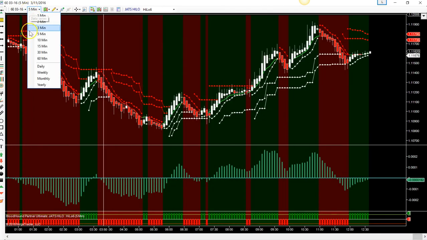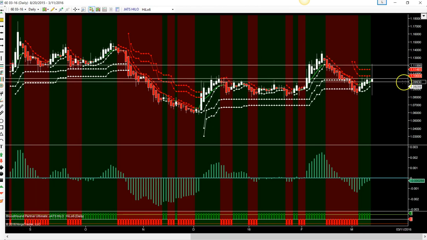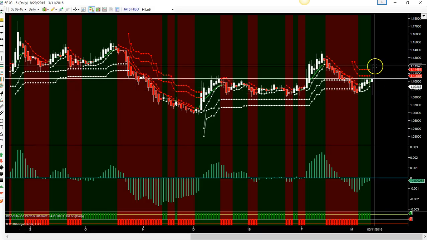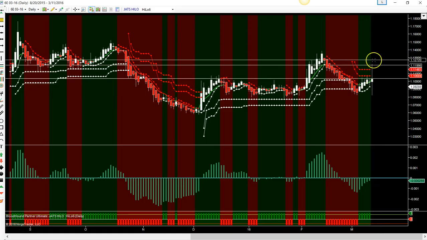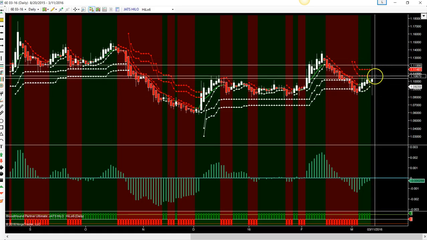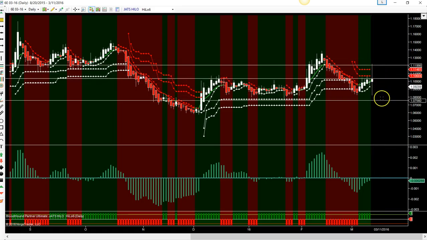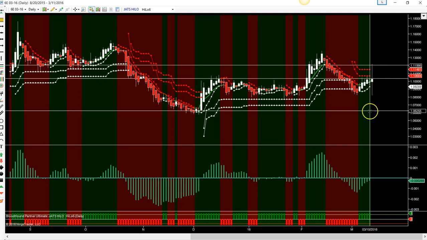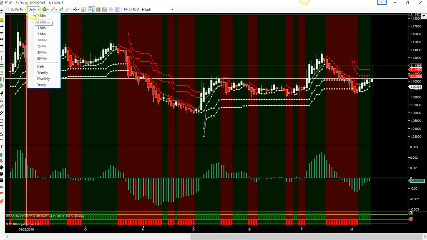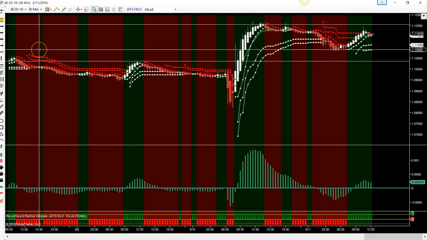I like to wait for the daily to show the move first, and it hasn't done it yet. But this looks like it's the exhaustion bar, and I would be expecting next week for it to fall in line and go back in the direction that they want it to go in. I'm sure that they're going to be trading it down, the central bank will. So we might have some good short trades on the euro next week.